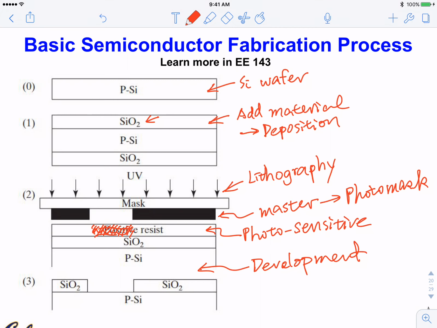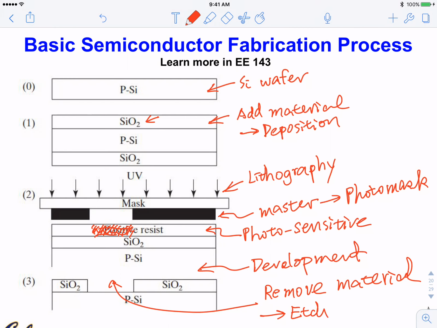But once you develop the chemical, you now have a pattern, and you can take the pattern to a process where you remove the material, okay? This process is generally called etching. You etch the material away.